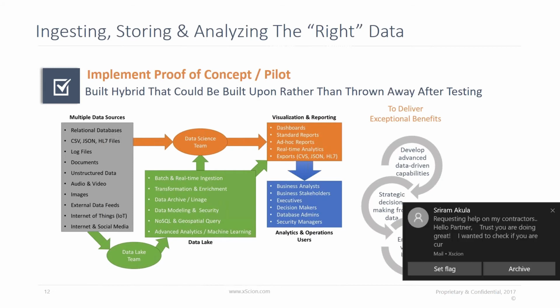Yes, we did implement a prototype where we took 1 year worth of claims data and ingested it into HDFS in a compressed Parquet file format, created Hive tables on top of those files, and we built a Solr index on data arrival.